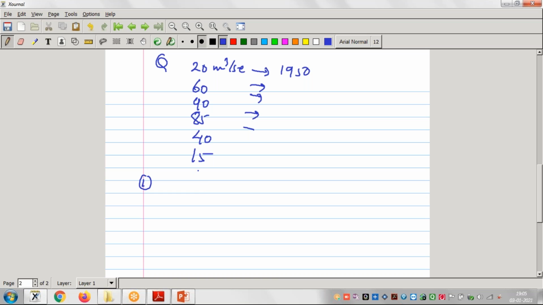we arrange them in a sequential order, right? Sequential means in decreasing order. So the data is arranged in decreasing order. In decreasing order means what?